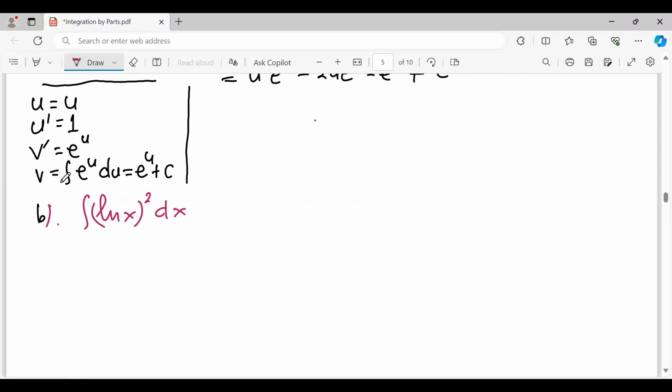If u equals ln x, we can state that x equals e power u, so dx equals e power u du.